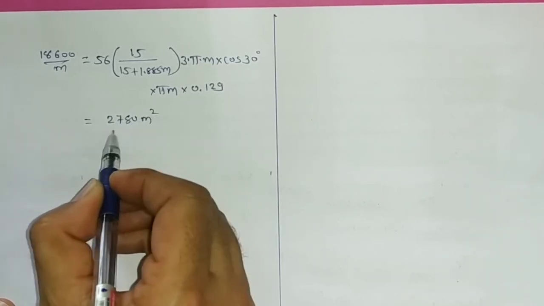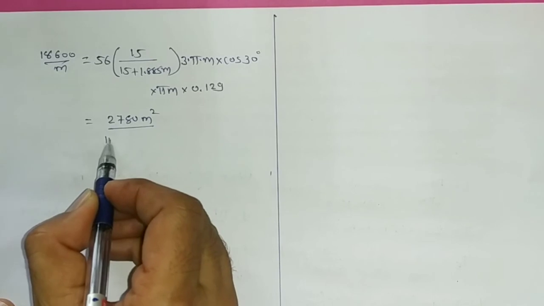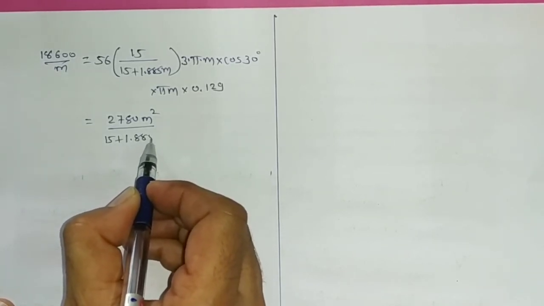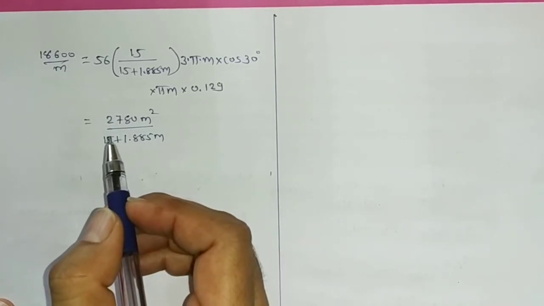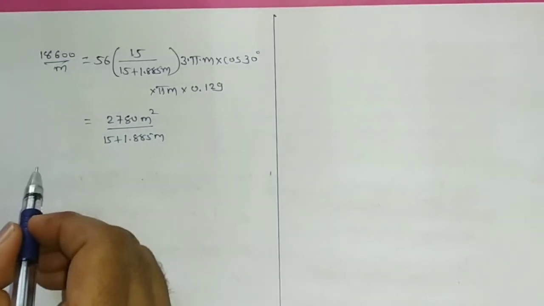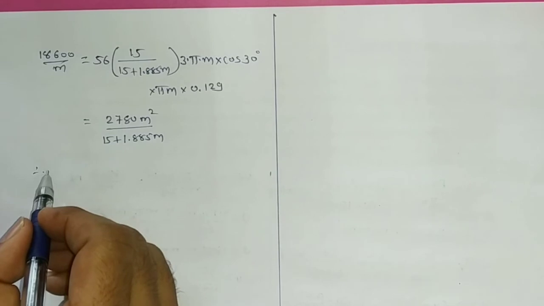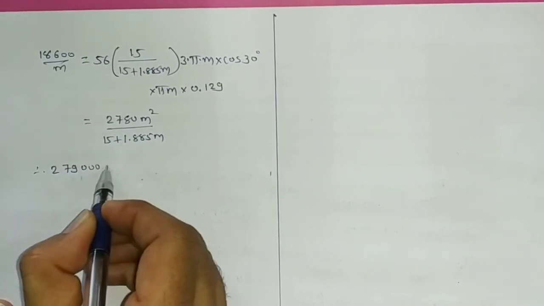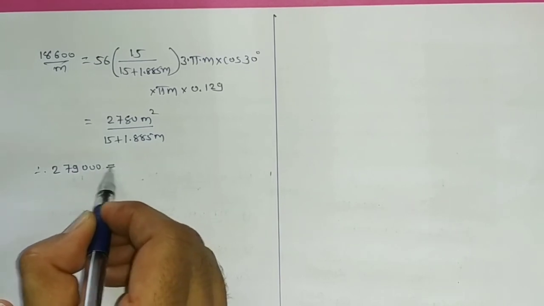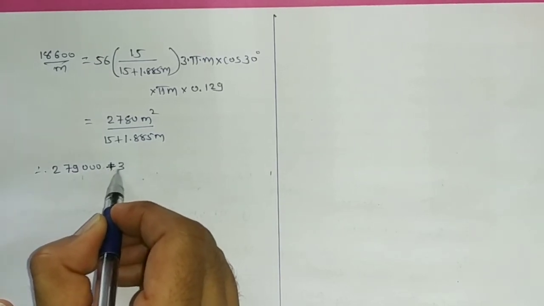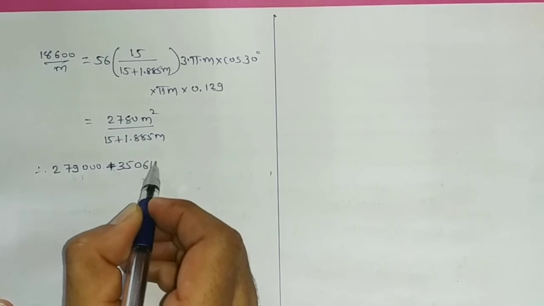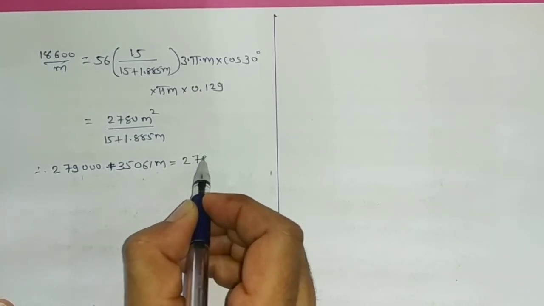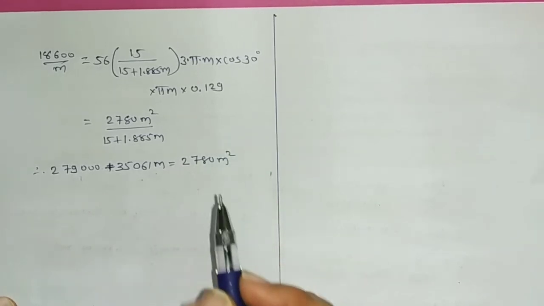Now by simplifying this equation you will get 2780 m squared by 15 plus 1.885 m. Okay. So again you will get one equation, that is 2,79,000 plus 3,561 m is equal to 2,780 m square.